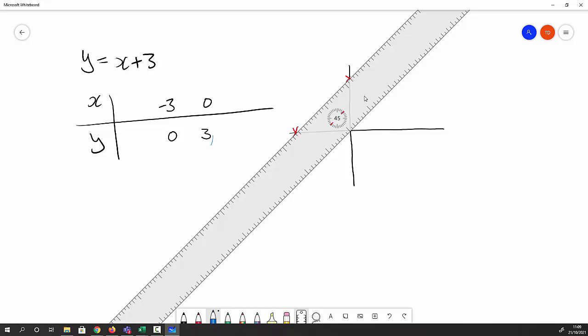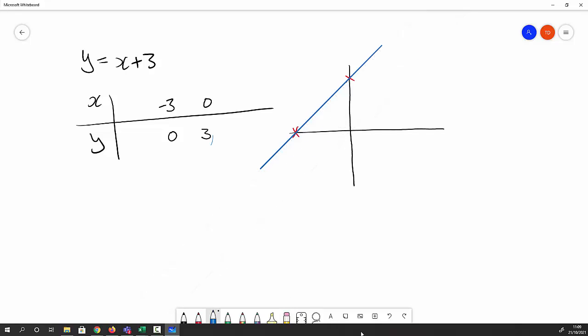Yeah, that's about right. And then I can draw the line like so. Okay, so very simple graph. It's got a positive gradient, which means it's going uphill from left to right, and it's passing through x is 0, y is 3, and y is 0, x is minus 3. It's very simple. I'd need 2 points and I've got a graph.